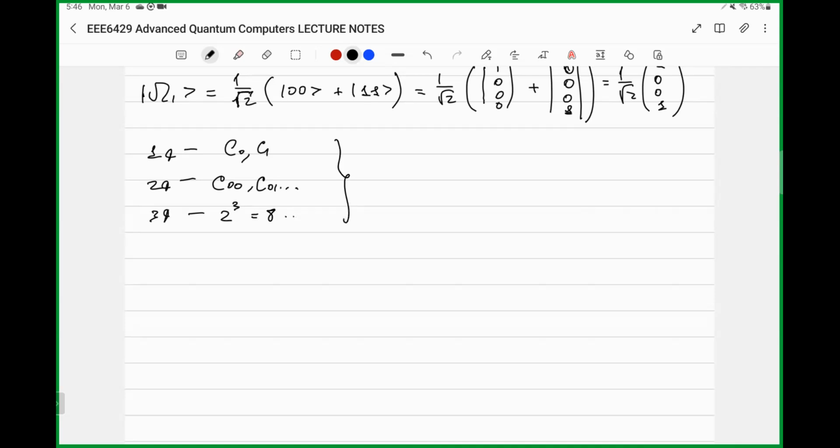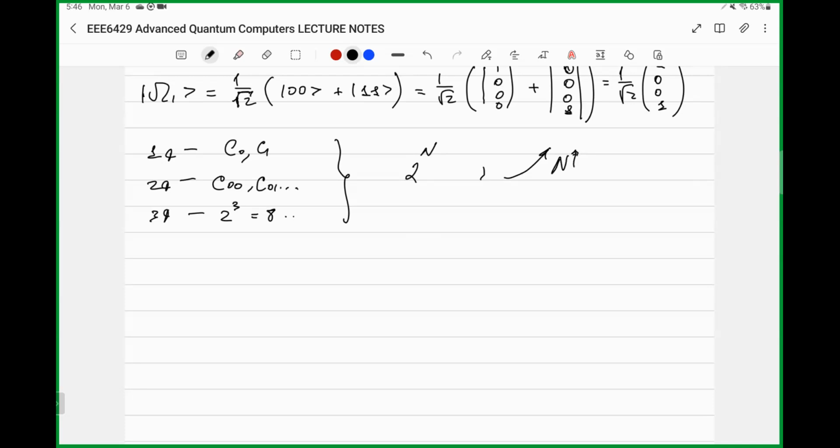So in general, the system of n qubits will be represented by a vector of 2 to the power of n elements. So it grows exponentially with the number of qubits.